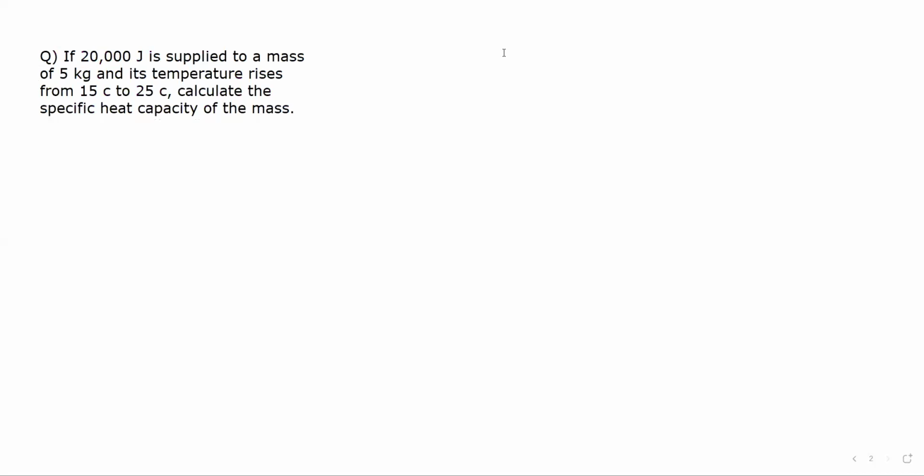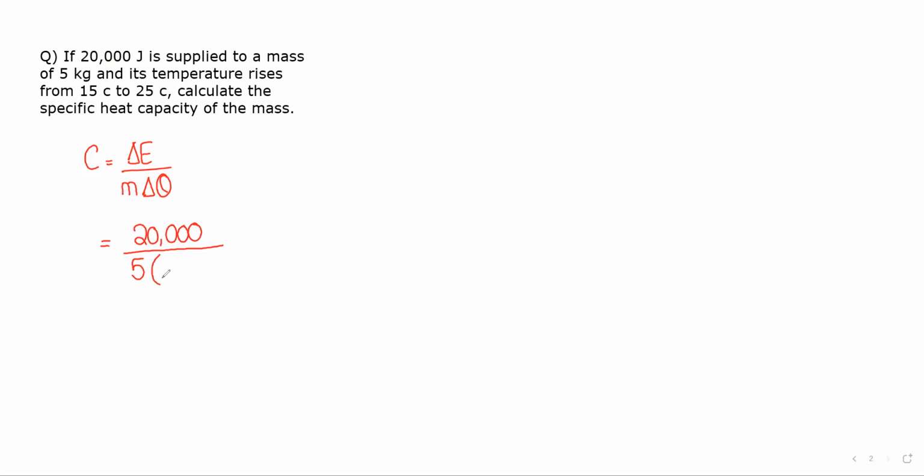So according to the formula, C equals delta E over M delta theta. We have the energy, 20,000, divided by the mass, which is 5.